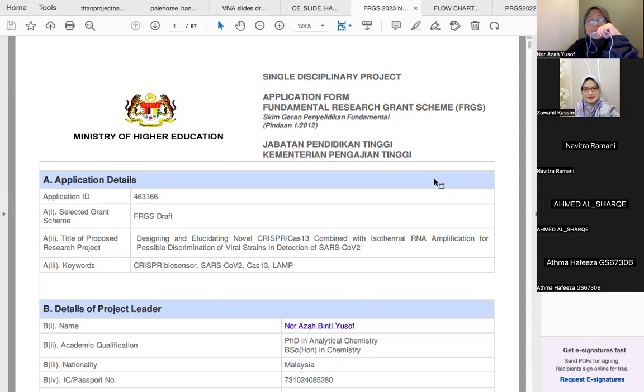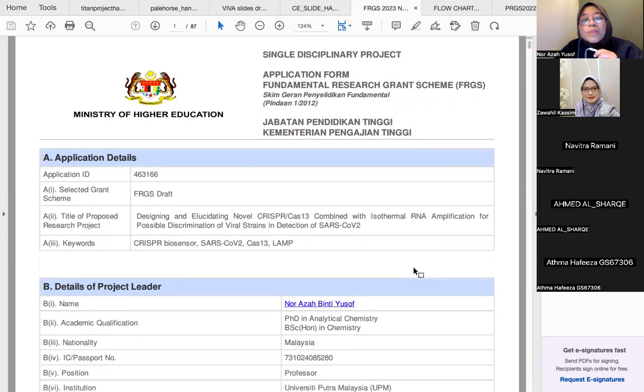Okay. So what I'm showing is a bit complicated. After this, I'll be showing something a PhD student has done. Even though it's complicated, it's quite easy to follow. You can see that what I'm trying to solve here is the issue of discrimination of viral strains.